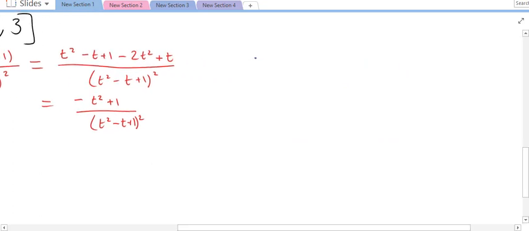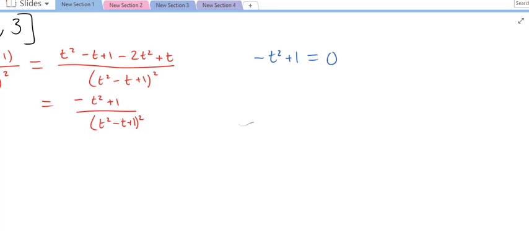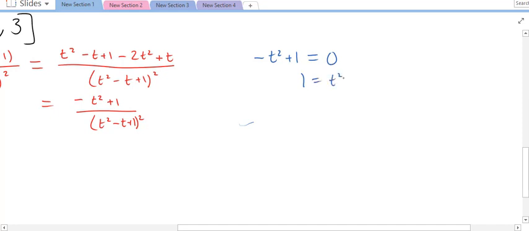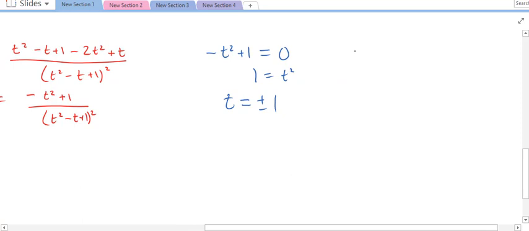So if the numerator is equal to 0, we'd have negative t squared plus 1 is equal to 0. And so if we add t squared to both sides, we get 1 is equal to t squared. So t is going to equal plus or minus 1. So there are two critical values. And we want to know, is the denominator ever equal to 0?